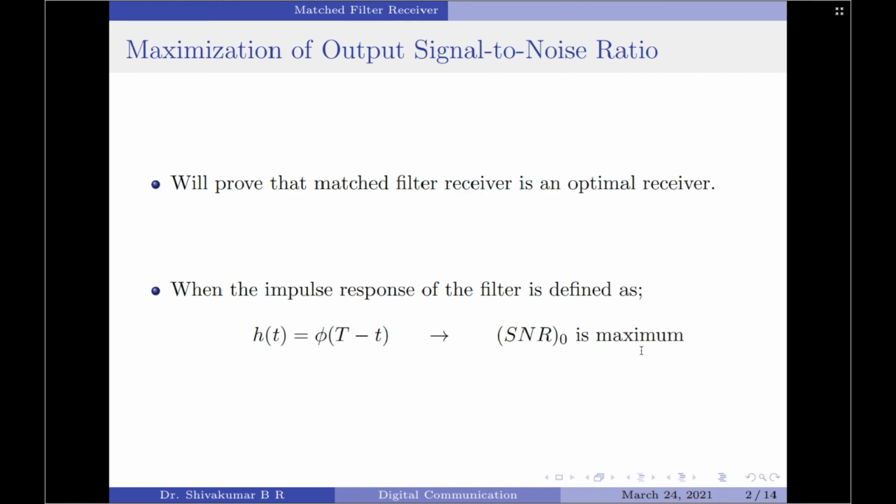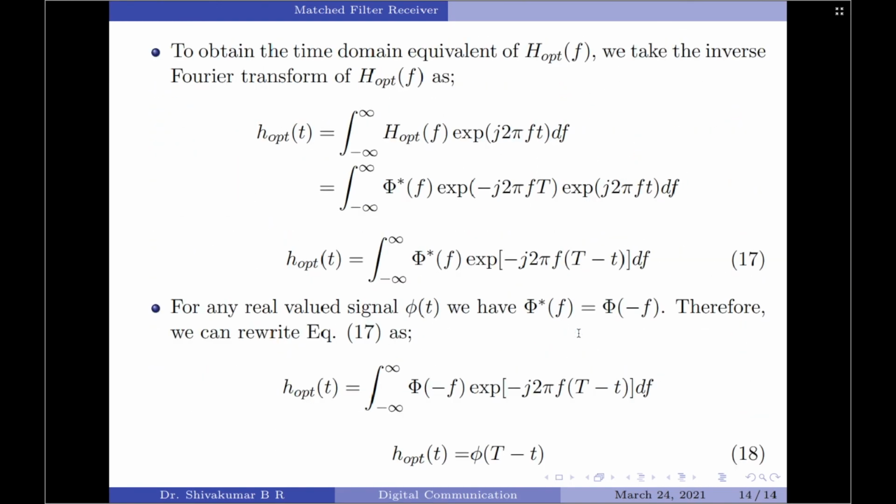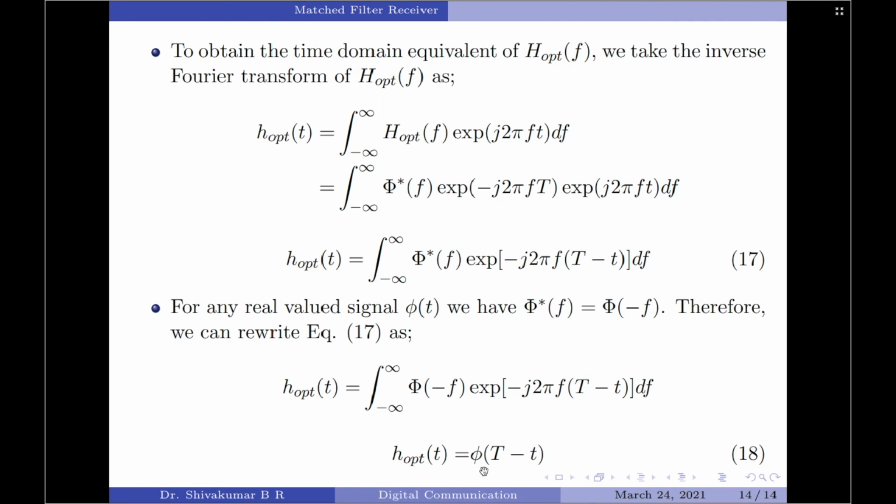Now, in our derivation, we started by stating SNR output is maximum, and then we started finding an expression for H of f, and this in terms of time domain is given by phi of capital T minus small t. So equation 18 shows that the impulse response of the optimum filter is nothing but a time reversed and delayed version of the input signal phi of t. That is, the filter is matched to the input signal phi of t.